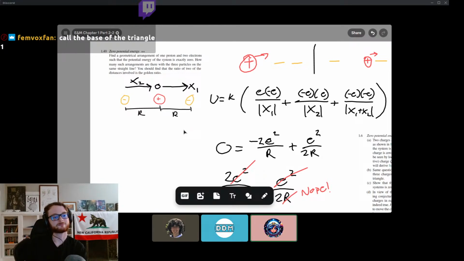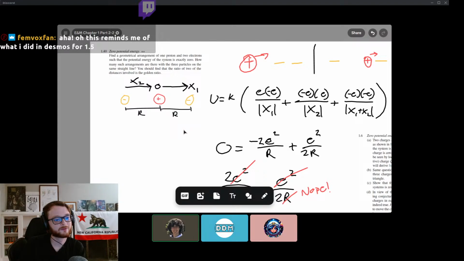Maybe put one of them at infinity. That'll never work. Then the two that are not infinitely apart will always go towards each other. It's true.